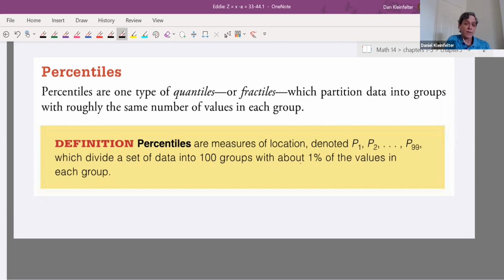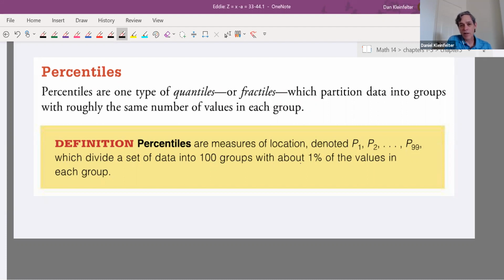Percentiles are used often when there's a really large data set. For example, in our class, it wouldn't make much sense for me to divide your scores up into percentiles because there's not that many of you. There's definitely less than 100, so it doesn't make sense to do 100 subdivisions.